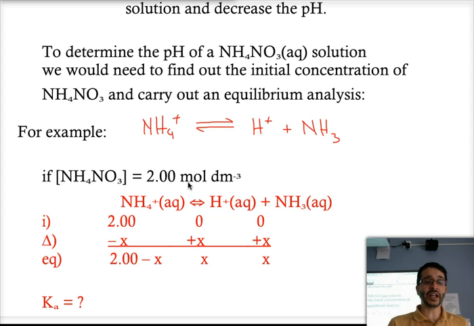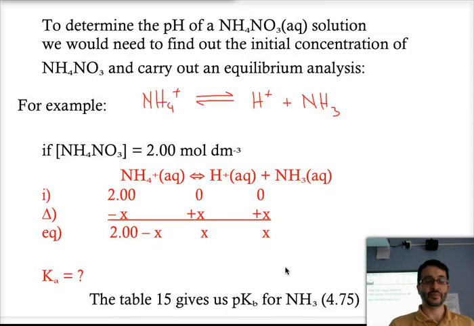Therefore, it's going to be -X, +X, and +X, as we have here. So at equilibrium, we would have 2 - X for the concentration of the ammonium and the concentrations of the H+ and the ammonia would both be X.